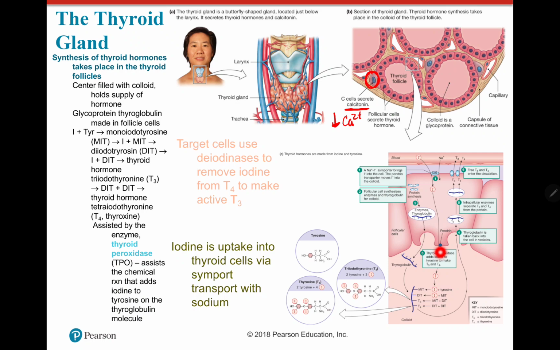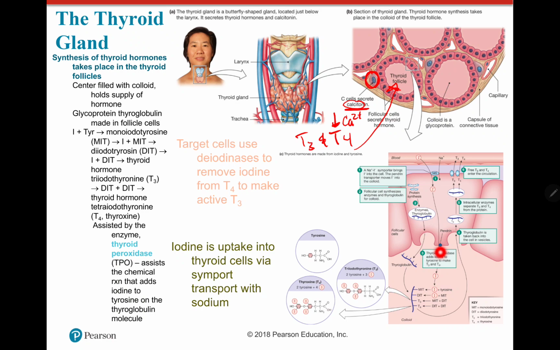Now, the thyroid hormones, of which calcitonin is one, but we also have T3 and T4. They're going to be produced here in that follicle space, okay? And so, in order for these thyroid hormones to be produced, number one, we need to have iodine in our diet.